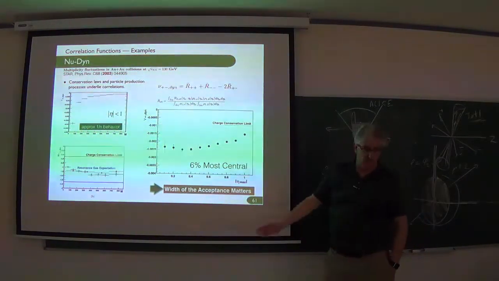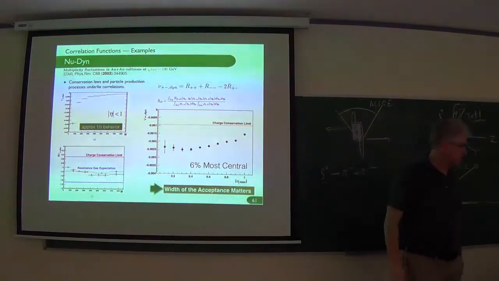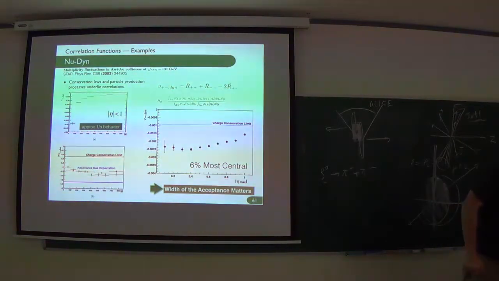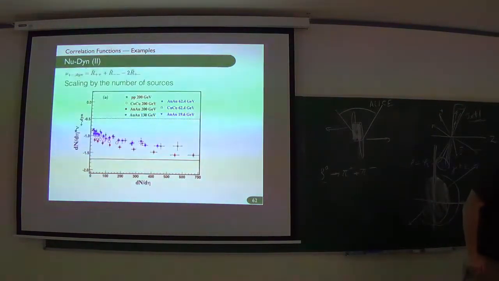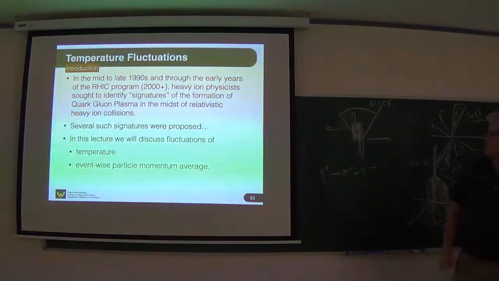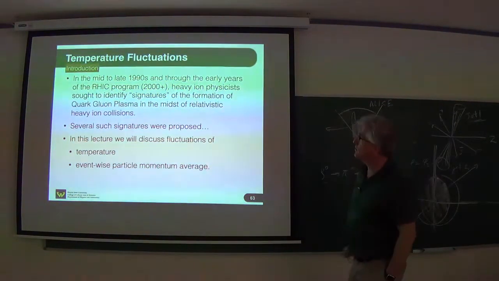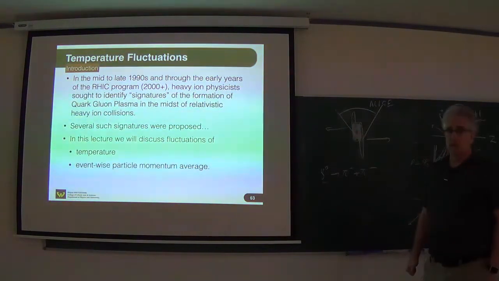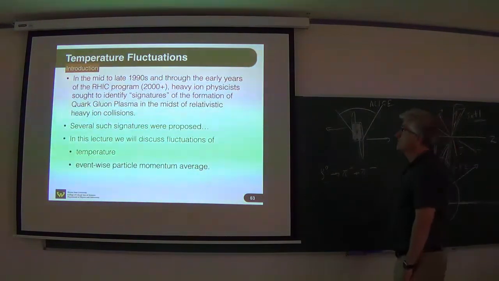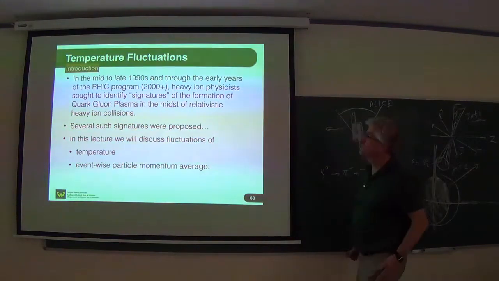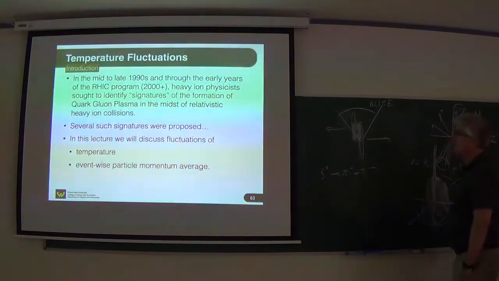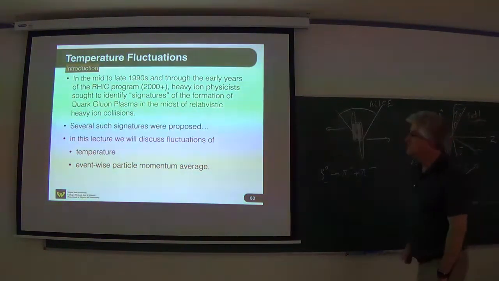It turns out that this was doomed from the start. Charge conservation plays an important role here. But let's move on. There are other types of correlation that people have looked at or are interested in looking at. There were discussions already in the 90s for looking at temperature fluctuations.